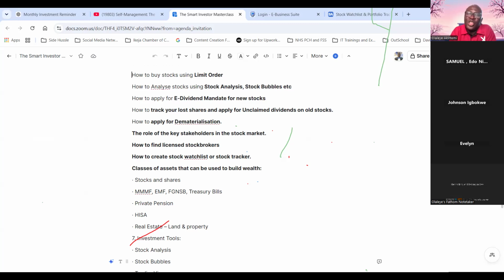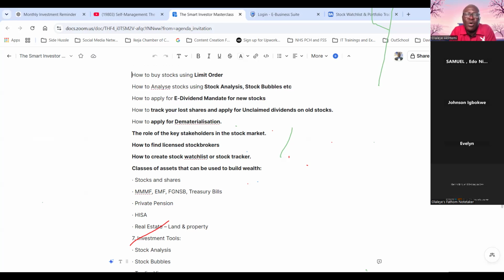If you buy additional units, you don't need to do it. But Stanbic will always send you that link every time you buy new stocks, because they don't know whether you are buying it for the first time, second time or third time. But you have to know that you only fill the e-dividend mandate form the first time you buy a stock.